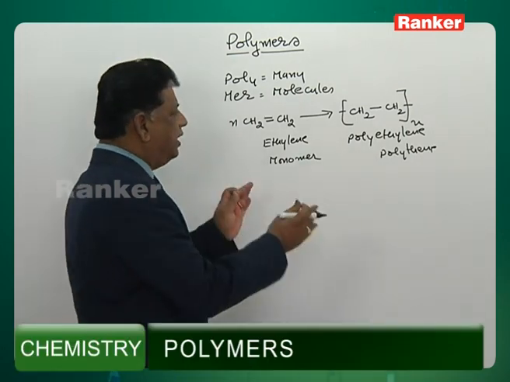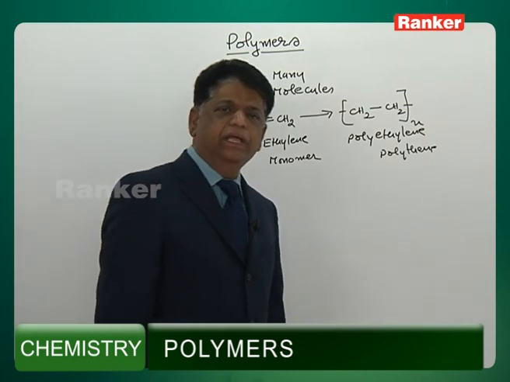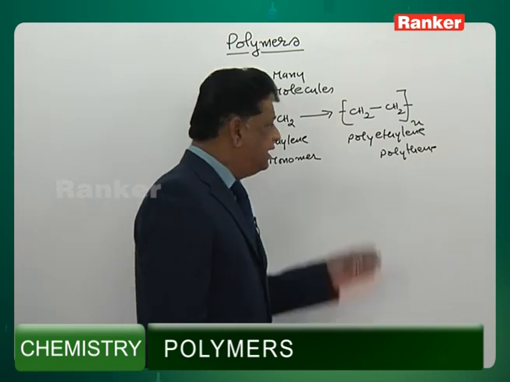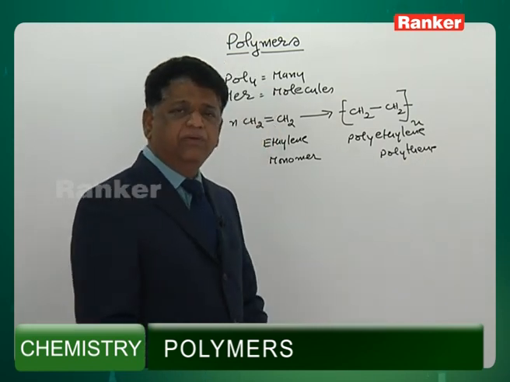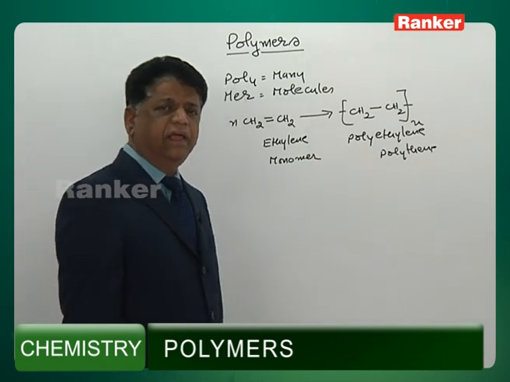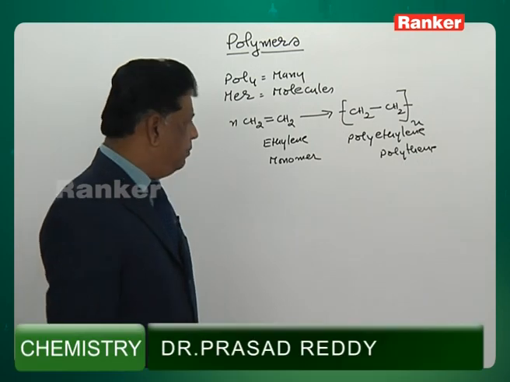Polymers have a gigantic structure, and this structure helps the stability of the compounds, and they have some unusual properties. These are specifically organic compounds; among inorganic polymers there are silicones and silicates, but in this class we are restricting ourselves to organic polymers.